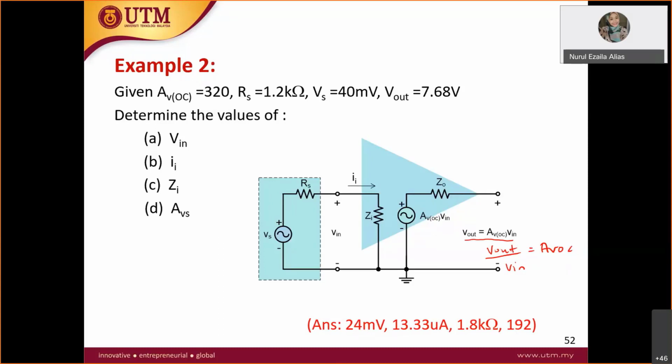In order to get V in, of course, you rearrange this. You will get V in is equal to V out over AVOC. So V out is given 7.68, AVOC is also given 320. So 7.68 over 320, you will get about 24 millivolt. Correct, right?